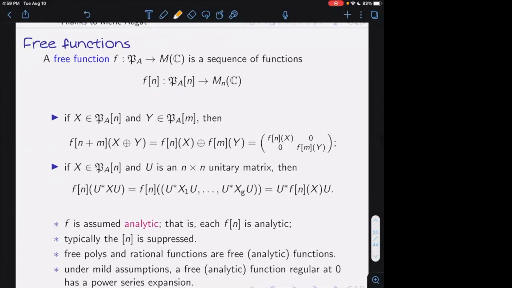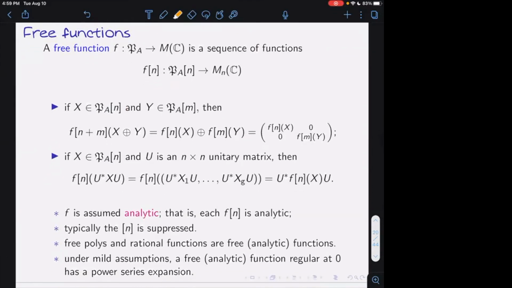Okay. And then even more general are free functions. For a free function, I'm just going to worry about things being defined for this talk. We're really focusing on free spectrahedra. You could of course do this quite a lot more generally, but it's just a sequence of functions.